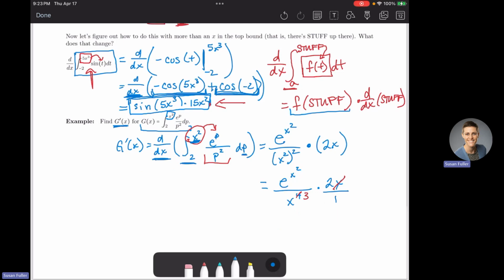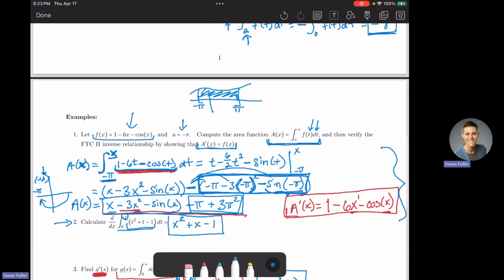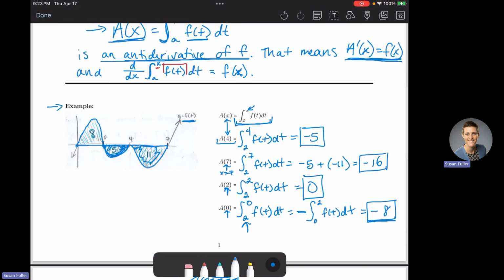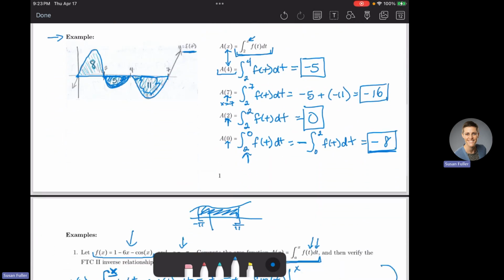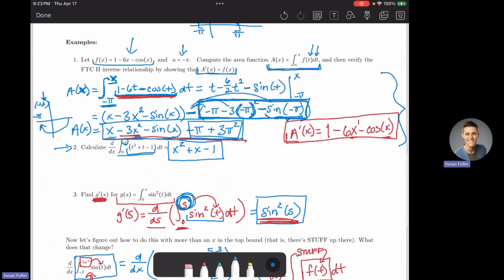All right, that was a much more in-depth version of 5.5. So I wanted you to have that because I know we had to go super fast through that. Some of you won't need all of this, but I wanted you to have it in case you needed it. So to find an area function, right, your area function is this definite integral from a number to an x.